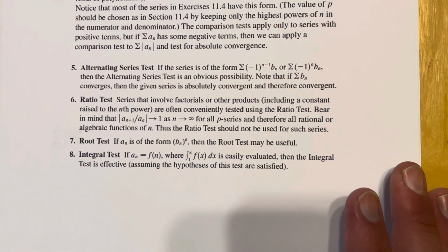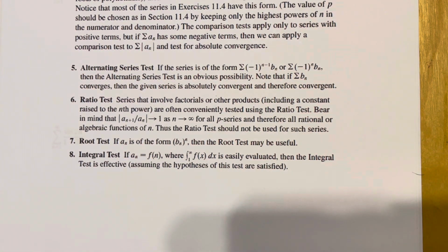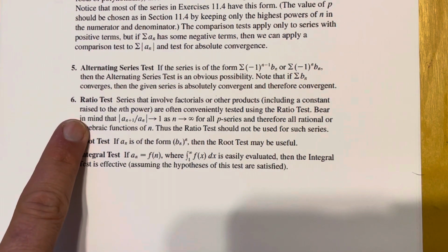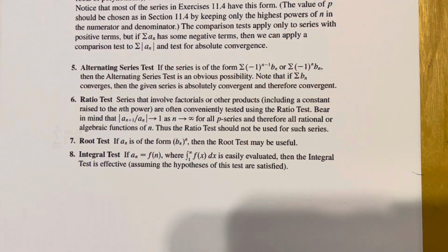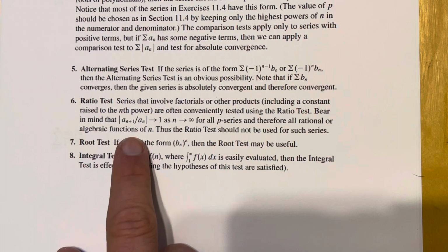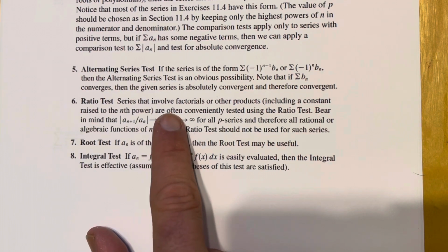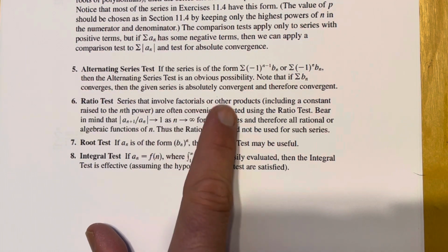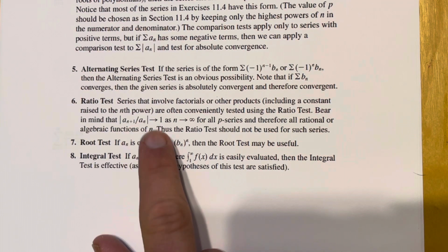Number 6 and number 7, we just talked about in the previous section, and number 6, the ratio test in particular, is one we're going to use a lot in the remaining sections of this chapter. The time that you want to use the ratio test for the types of series we've seen so far is typically when the terms have factorials in them, or other kinds of products, even things raised to the nth power.